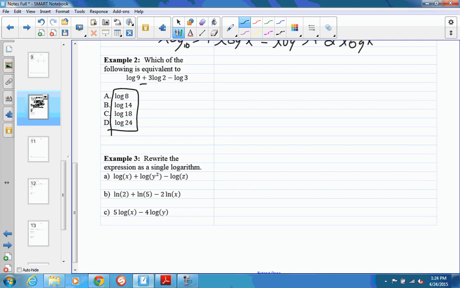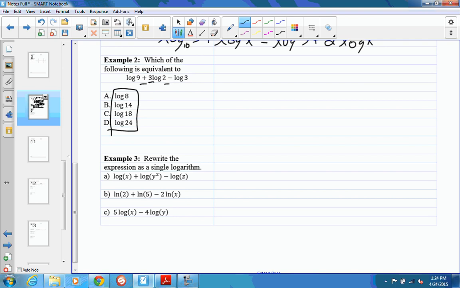That means I'm going to use the product property. I've got a minus, meaning I'm going to use my quotient property. I've also got this coefficient out here. What am I going to do with that coefficient? It becomes an exponent, right? So let's do that first. Let's change my power, and then we'll do the sum, and then we'll do the difference, right?